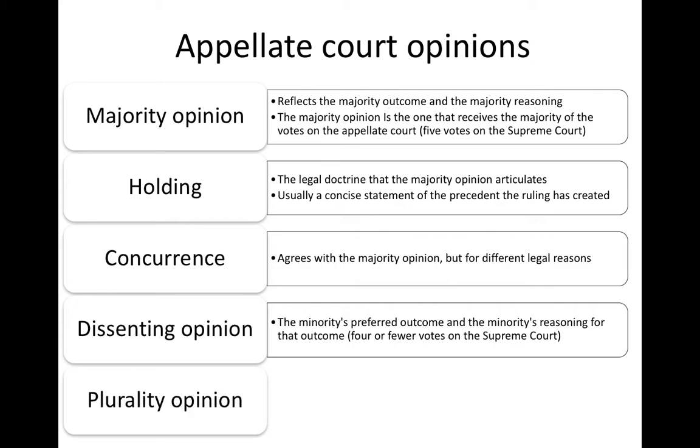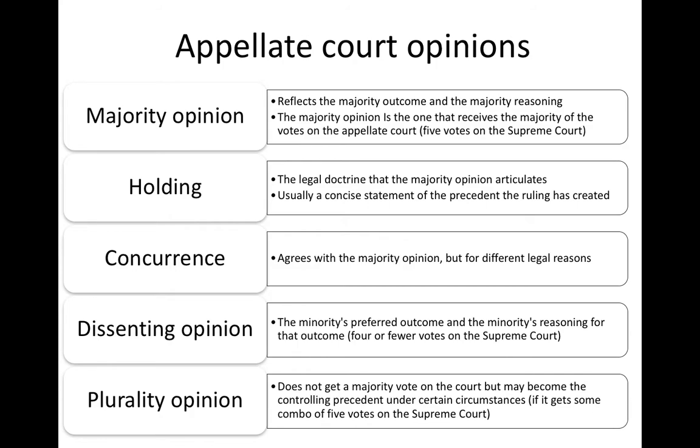And then finally, there's also something called a plurality opinion. And this is an opinion that does not get a majority vote on the court, but sometimes it can become the controlling precedent that lower courts have to abide by under certain circumstances, especially if the plurality opinion would get some combination of 5 votes on the Supreme Court.